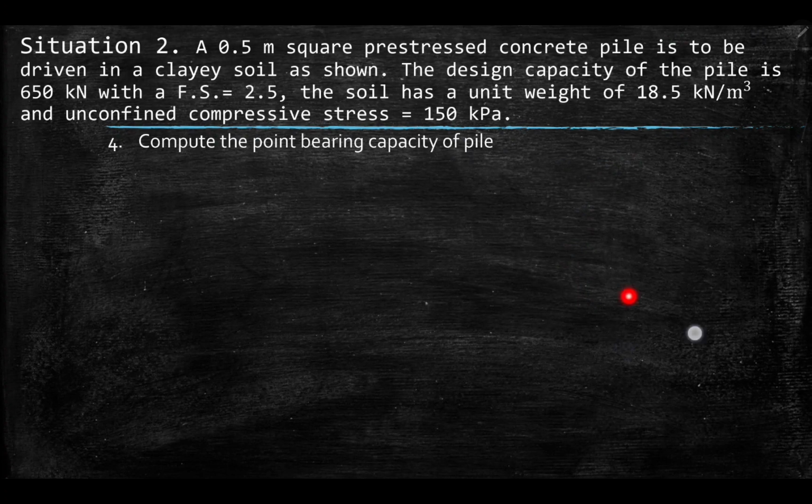So, this is our QU. When we talk about clay soil, our angle of internal friction is equal to 0. Therefore, our total failure envelope will look like this.